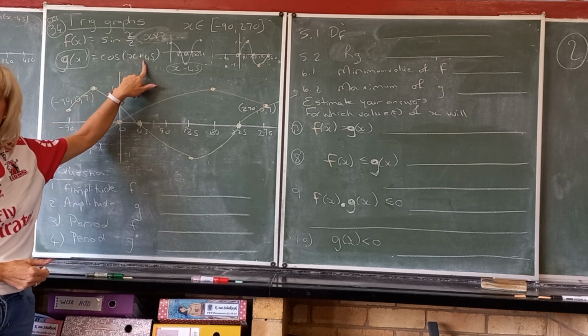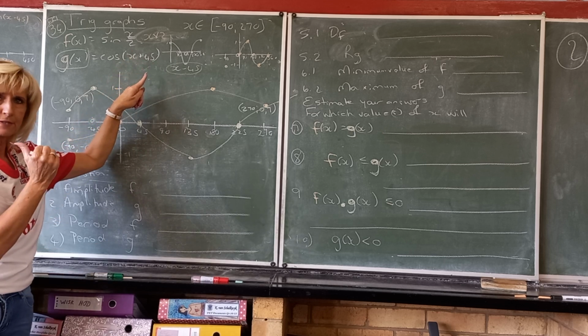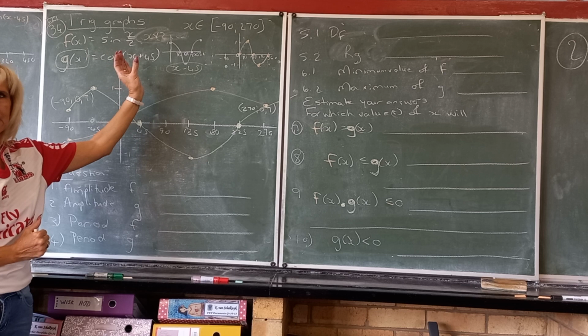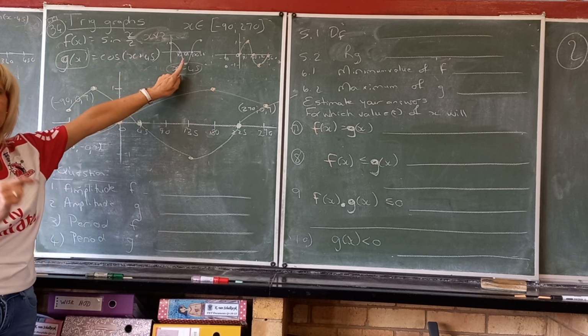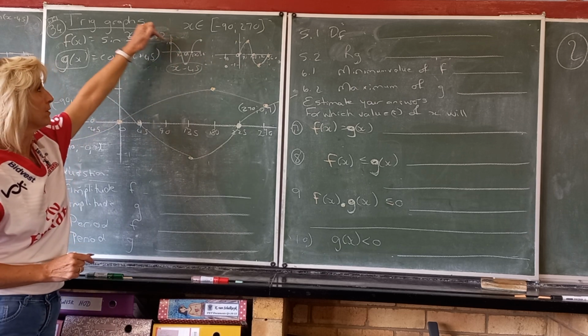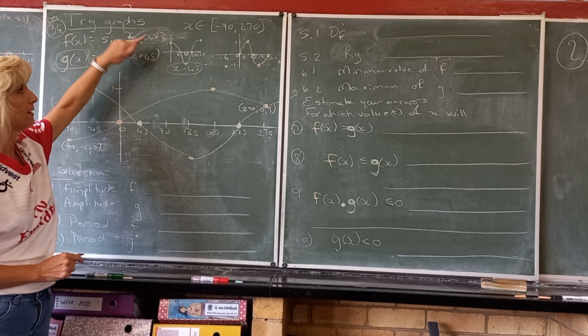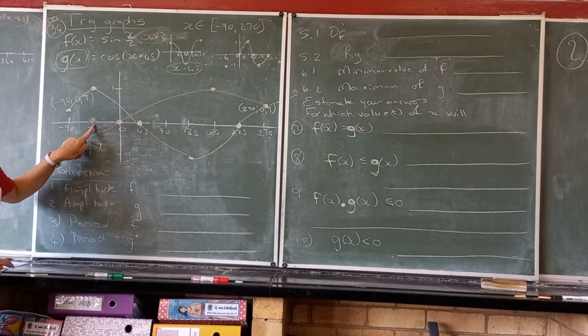For the cos graph, what happened? Every x minus 45 is minus with 45. This says your graph must go to the left. What's standing there is x plus 45, but what you do with your mother graph of cos is you move each and every one of the 1, 2, 3, 4, 5 points you know out of your head 45 degrees to the left. So that one is not going to be at 0, it's going to be at negative 45.